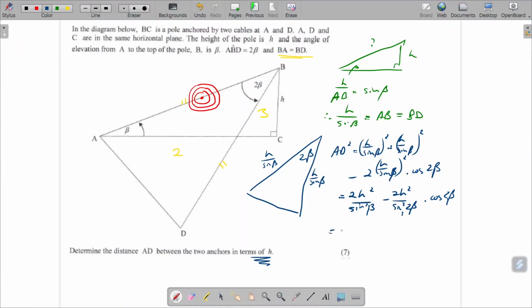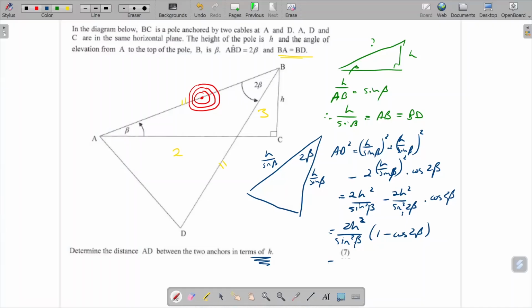Let's see what's going to happen. So we've got 2h squared over sine squared beta times 1 minus cos of 2 beta.